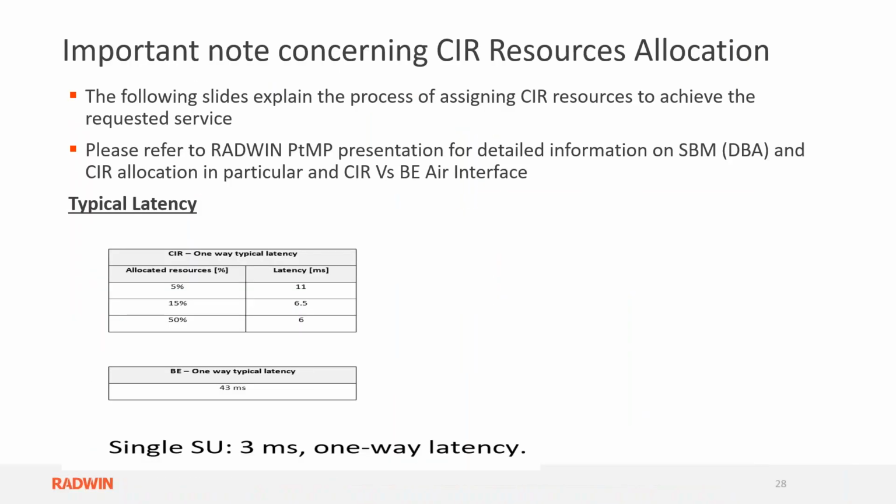We discussed the difference between CIR and best effort. Best effort is equal share customer. Because it is equal share, we try to avoid providing best effort to SLA customer. This way or another, they will interfere.